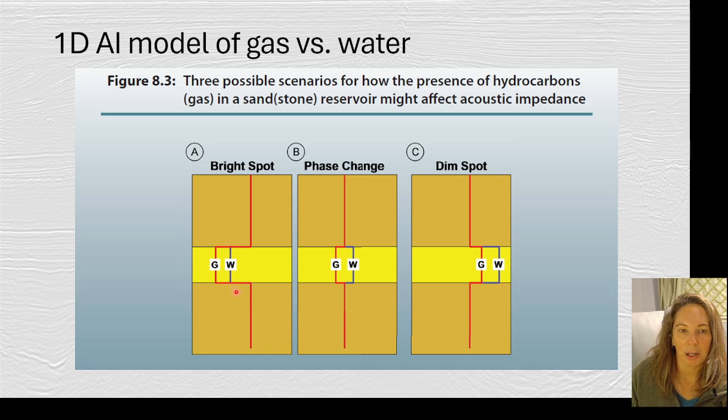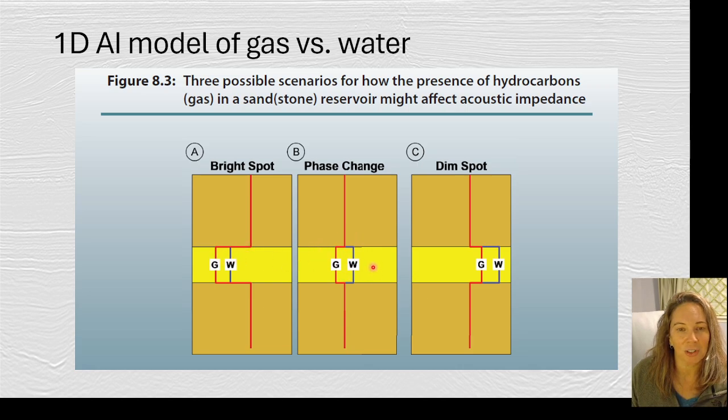In the case of water, we would have less of a reflection coefficient than we would in the case when we go from shale to gas. You could look at the length of that acoustic impedance change as the reflection coefficient, that difference. As you go from gas to water, there is typically a clear difference, and that would be what's causing the bright spot.